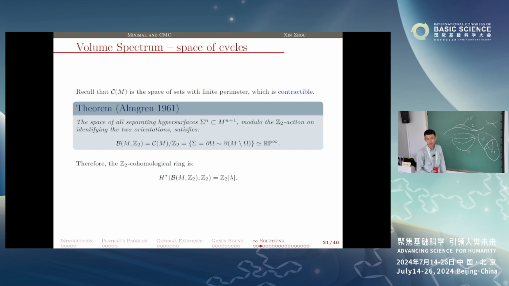This was not very surprising nowadays, because you can imagine this contractible space as R infinity, and you have a Z2 action sort of to get this RP infinity. Or this is S infinity, this is RP infinity, this is such an analog. So once we have this result, we get very excited, because we have very fruitful topology. For instance, the Z2 cohomology ring is a polynomial ring with a single generator.